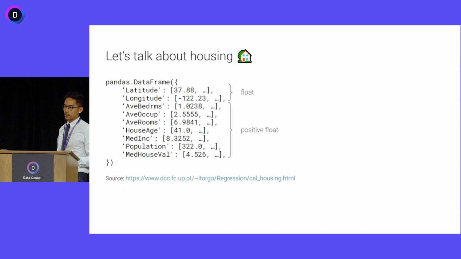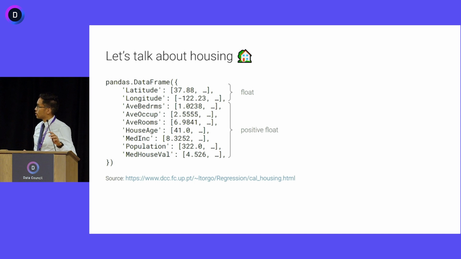So if we just eyeball the first set of values of this dataset, as a human being who programs, you may have seen this dataset before, you know what floats are. You can start inferring what the types are. So all of these columns are floats.